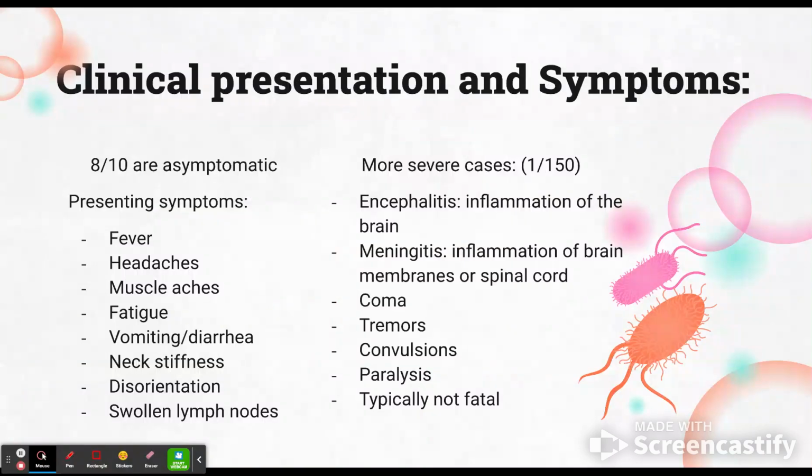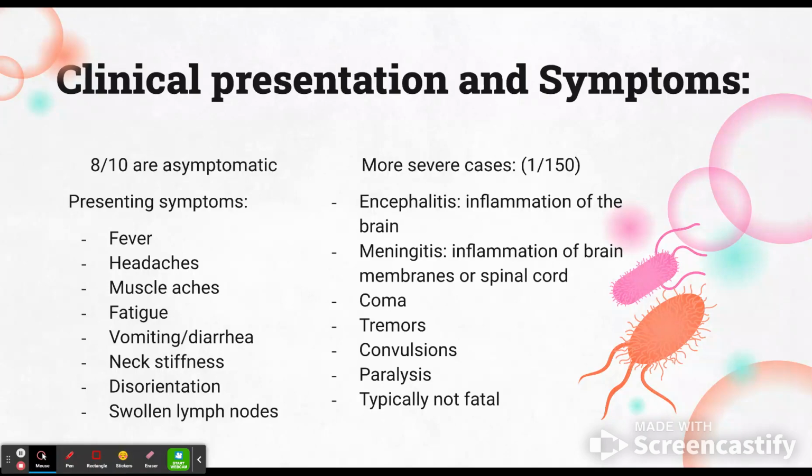Okay, so the clinical presentation and symptoms. Actually, 8 out of 10 people who contract this virus are asymptomatic, so only about 20% will show symptoms, and those symptoms can look like a fever, headaches, muscle aches, fatigue, vomiting and diarrhea, neck stiffness, disorientation, or swollen lymph nodes. And then there are some severe cases, but just about 1 in 150 people will have a severe case of West Nile.